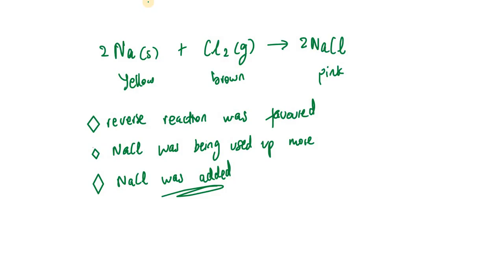So when you write this question, you write it backwards. This is your first statement, second statement, and this is your last statement. When they say explain why the solution becomes more brown, you tell them that sodium chloride was added. It being added means it was now being used up more. That means the system favored the reverse reaction. You understand? So you write it backwards, but the understanding comes from that.